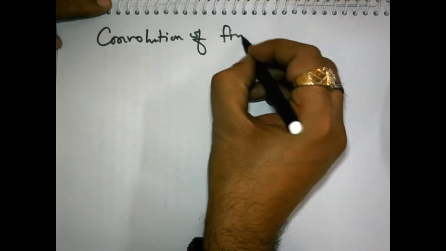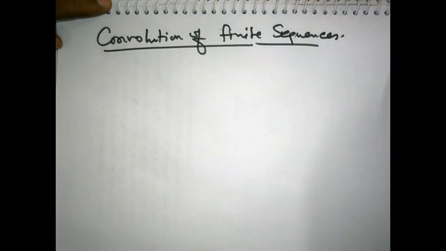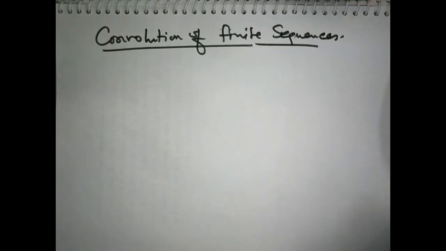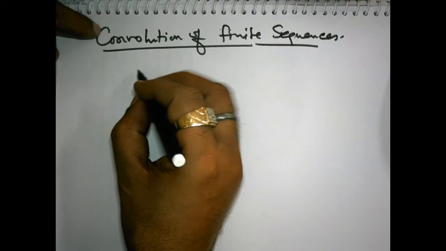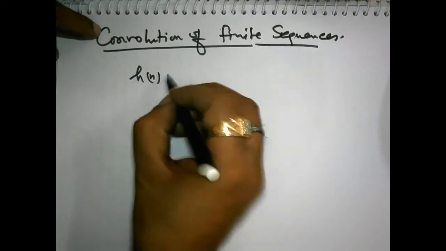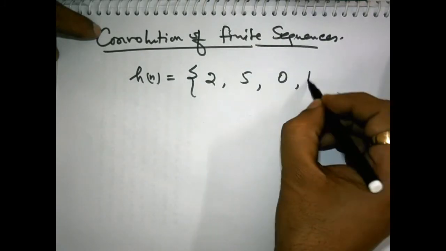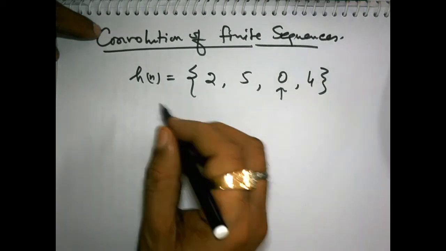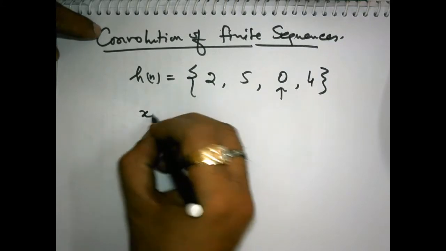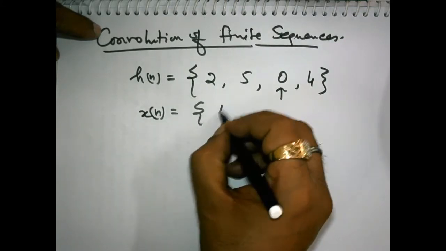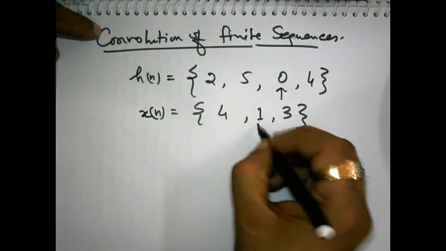To deal with the convolution of finite sequences, suppose I am taking an example of two sequences and I will obtain the convolution of the same. 2, 5, 0, 4 is the impulse response of the system, and the input is 4, 1 and 3.